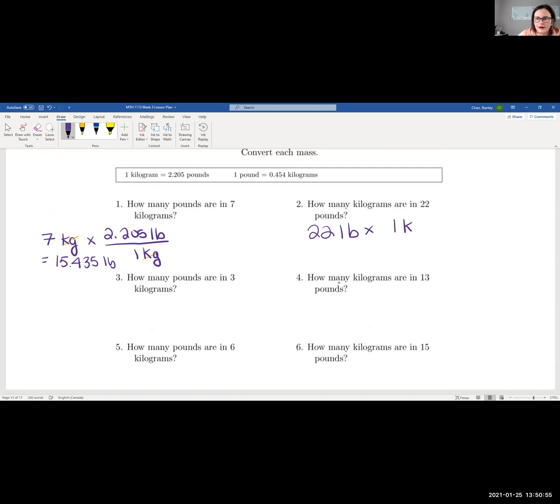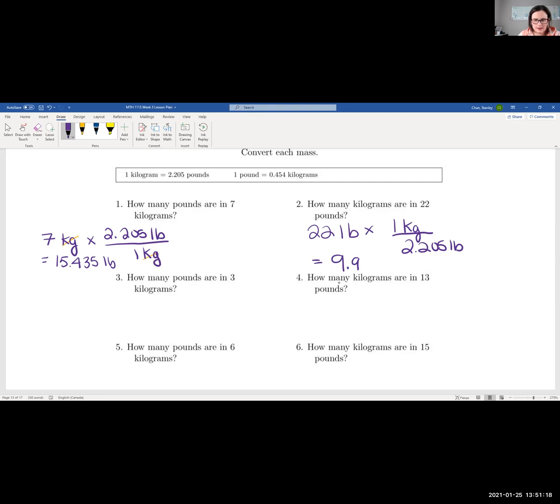So 1 kilogram is equal to 2.205 lb. All right, so 22 divided by 2.205 equals 9.898 kg.